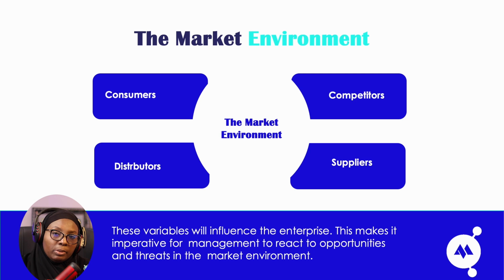Then of course you have the suppliers, and the suppliers are those that actually provide you with the raw materials that you need to actually produce. Where to get them, how to get them, how much the cost is, the implication cost of that, and how readily available the supply of these raw materials is, is essential towards the sustainability of the business.